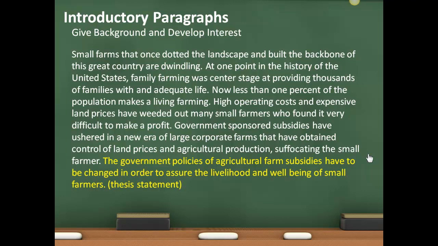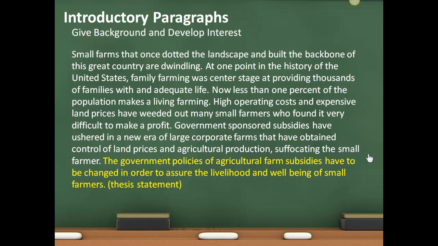Now, less than 1% of the population makes a living farming. High operating costs and expensive land prices have weeded out many small farmers who found it very difficult to make a profit. Government-sponsored subsidies have ushered in a new era of large corporate farms that have obtained control of land prices and agricultural production, suffocating the small farmer.